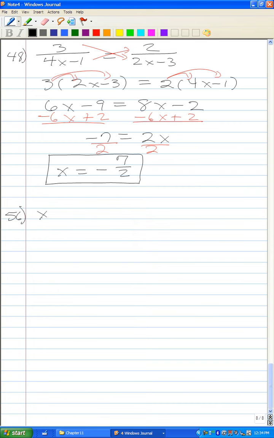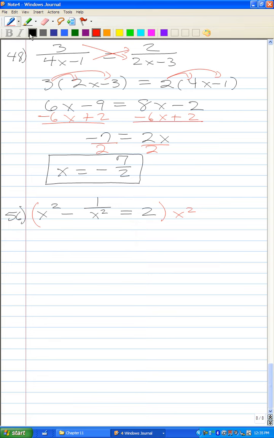x squared minus 1 over x squared equals 2. Let me solve that. I guess let me get rid of the denominator. So let me multiply both sides of my equation by x squared.